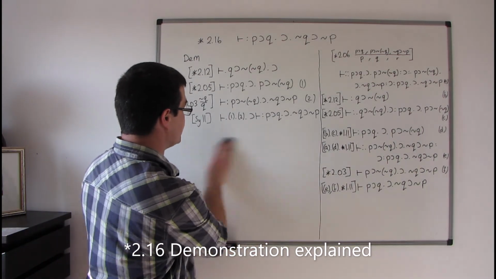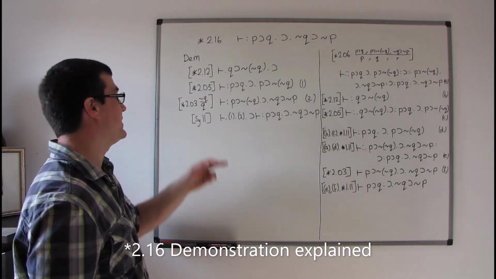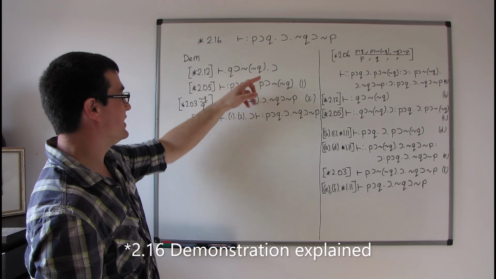So with an appropriate substitution, presumably Q substituted for P, then we get Q implies not Q.